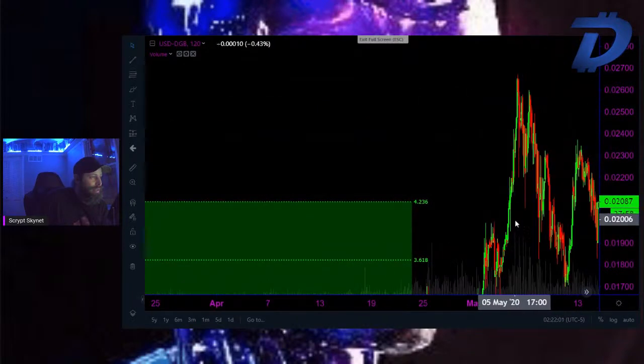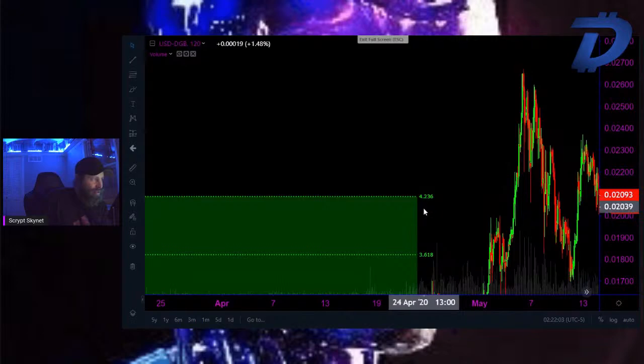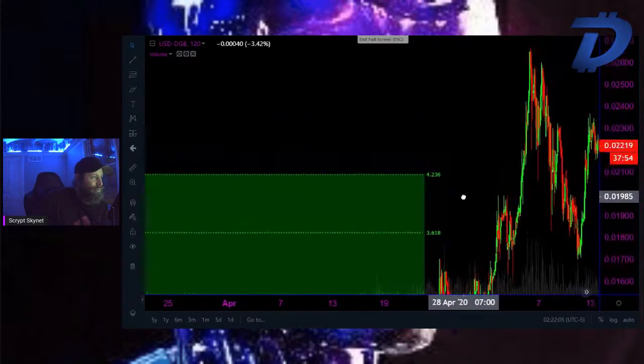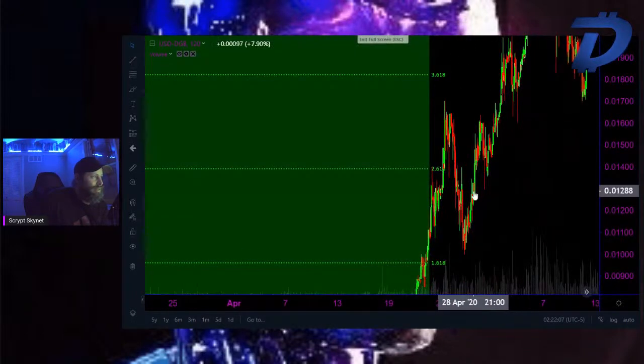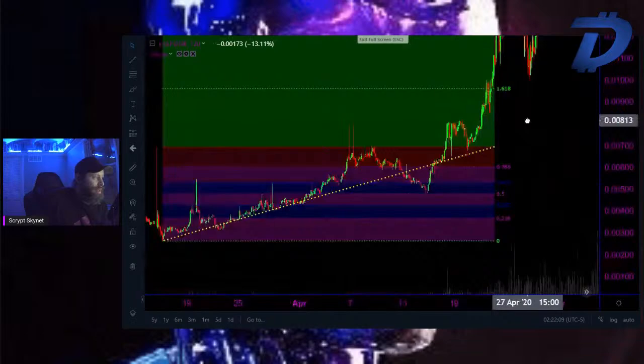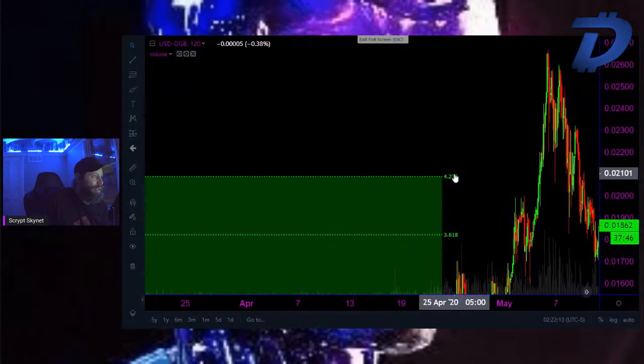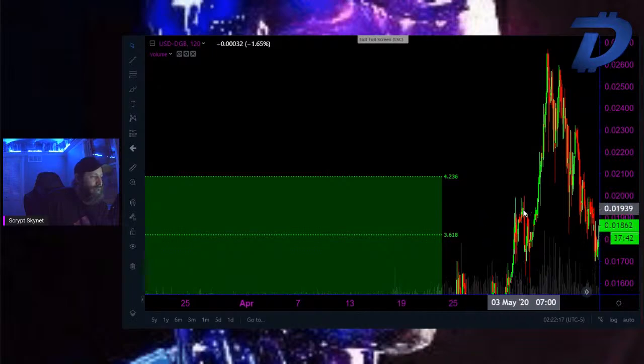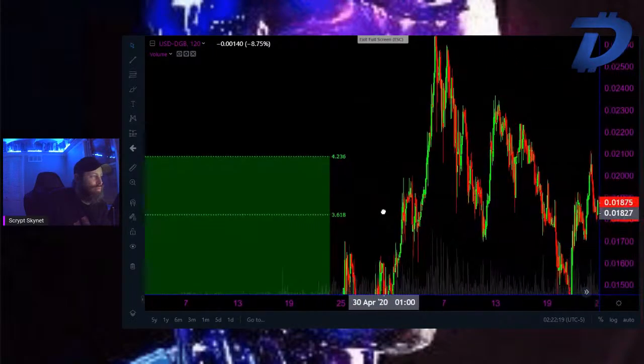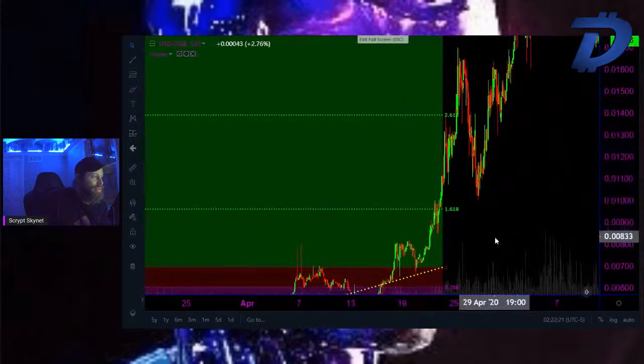But look how high we went, right? So we actually went really bullish on this rise, but the Fibonacci didn't really play it out all the way up. Why wouldn't it do that? You know what I mean? So was DigiByte that bullish and it just rose out of the ashes?